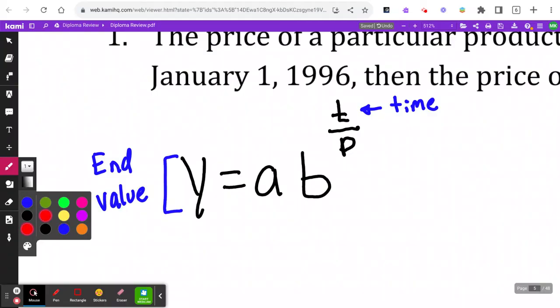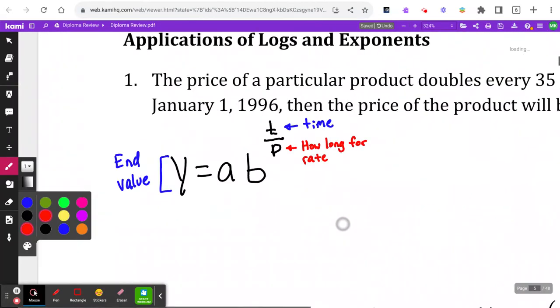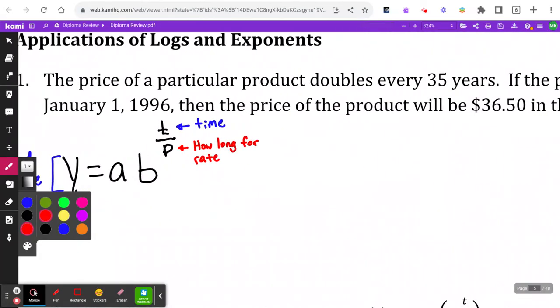p is how long it takes for your rate to actually be effective. It's technically like your period, but it's how long for the rate. So for example, this question says it doubles, there's my rate, every 35 years.